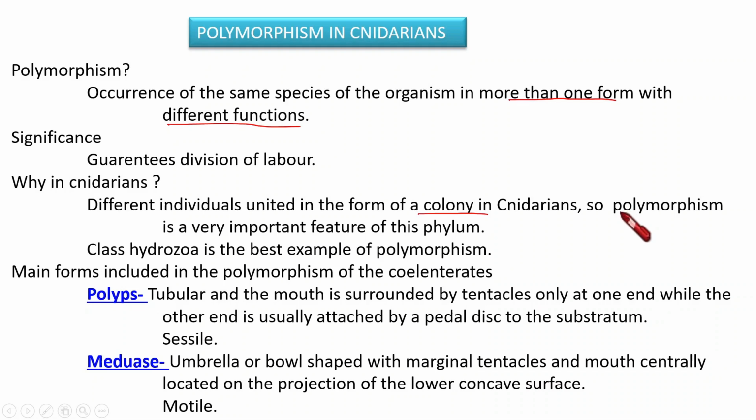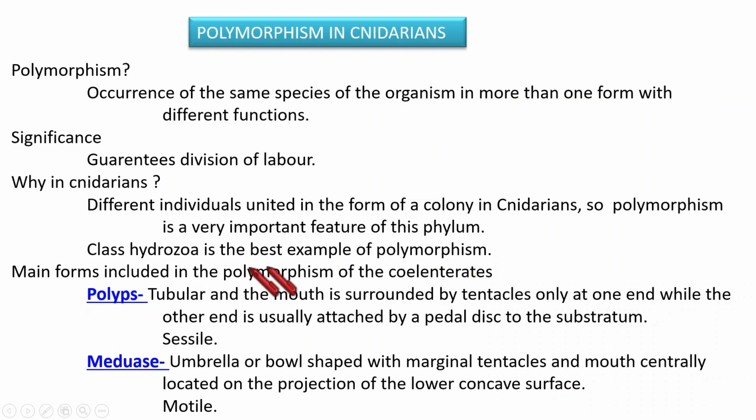Division of labor means that the colony can divide or share the job, since different jobs need to be done by the colony. So in that way, polymorphism is more prevalent in Cnidarians. And under the phylum Cnidarians, class Hydrozoa is the best example of polymorphism.